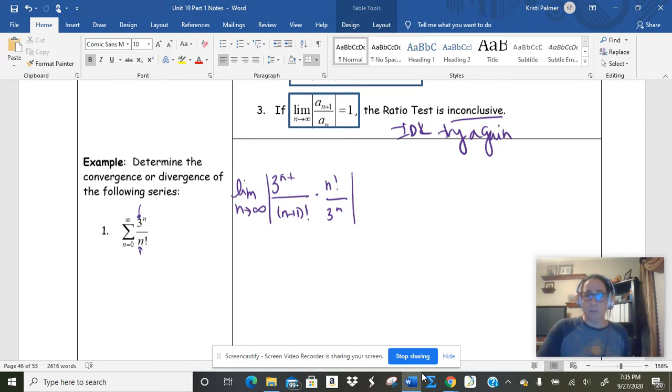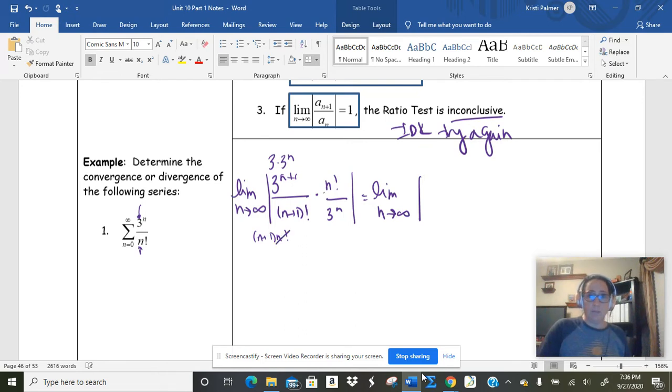Okay, so then I'm going to simplify. Sorry, that was a 1. Remember, this is 3 times 3 to the n, and this is n plus 1 times n factorial. We practiced those a lot in our pre-unit. So I could cancel some stuff out and get what's left inside the limit.